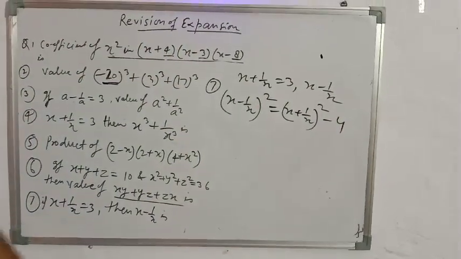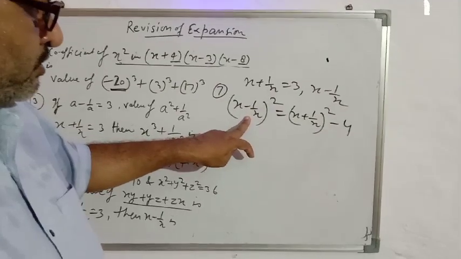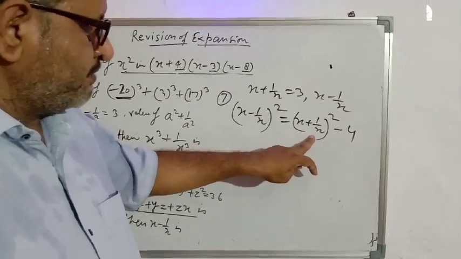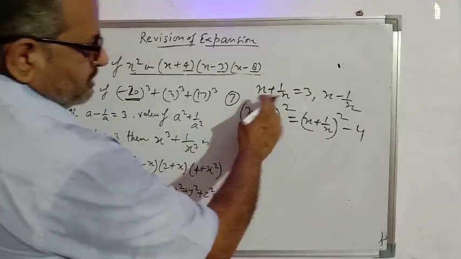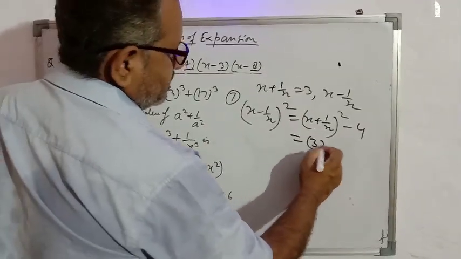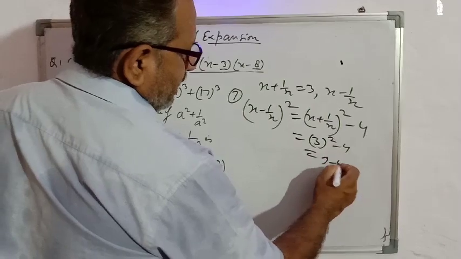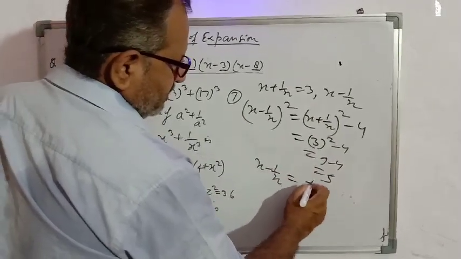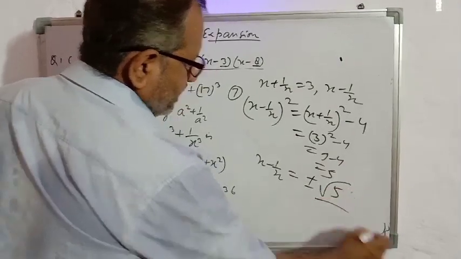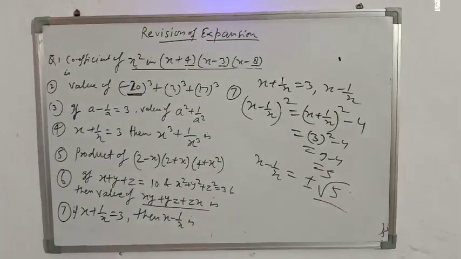This is the formula. So x plus 1 upon x is 3, put it here. 3 square minus 4, 9 minus 4, 5. So what will be x minus 1 by x? We will take the square root with plus minus sign. So plus minus root 5.